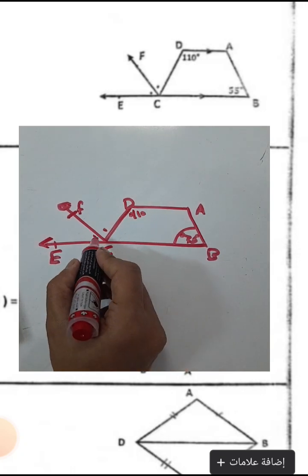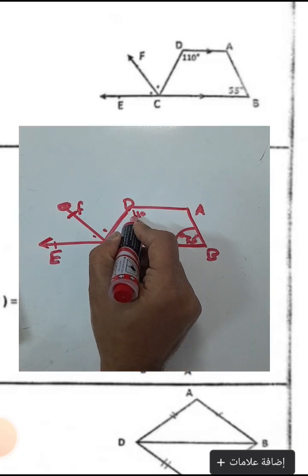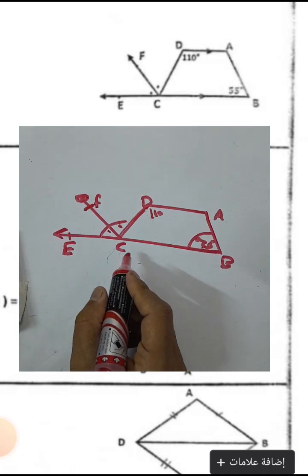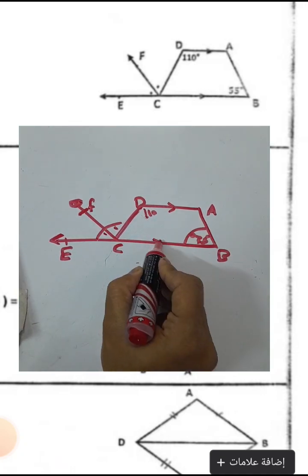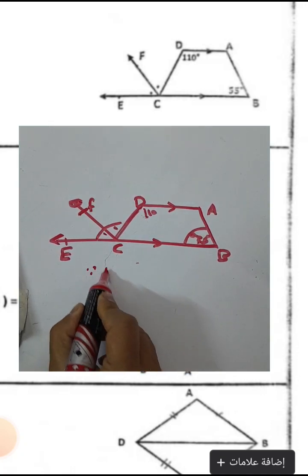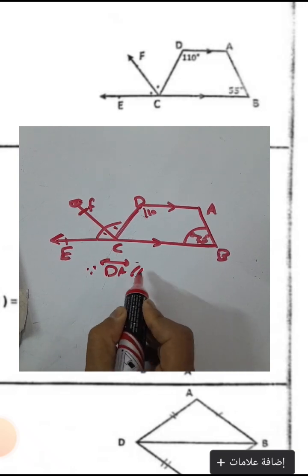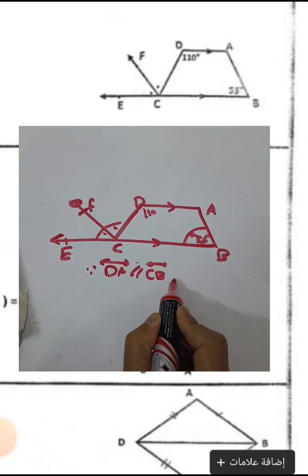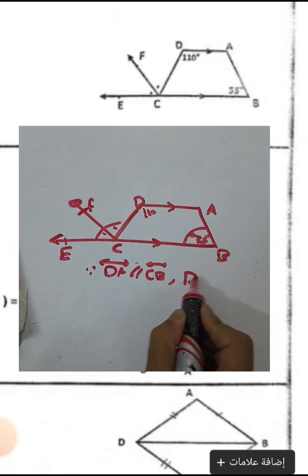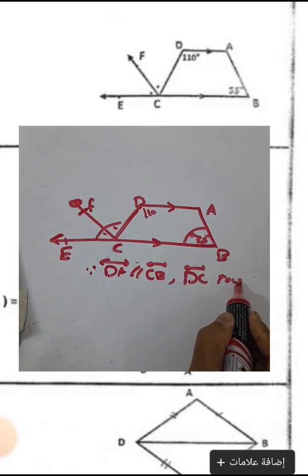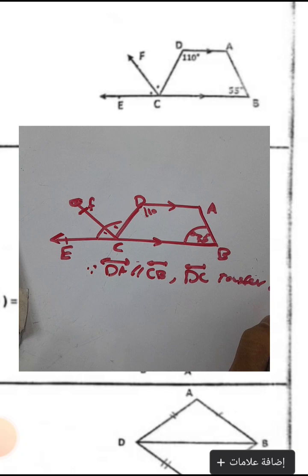We can find this angle 110, and it will be 110 as an alternate angle because DA is parallel to CB, such that DA is parallel to CB and DC is a transversal, or cuts them.